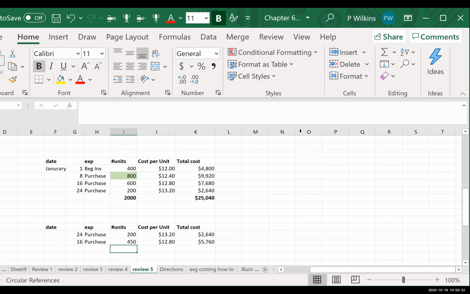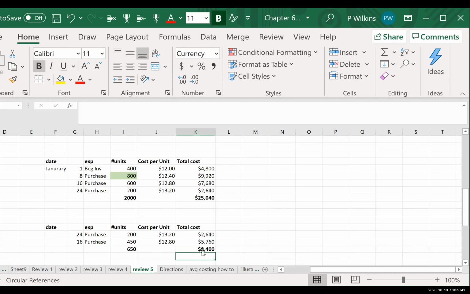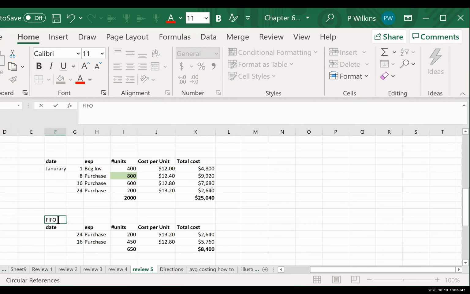Now we have our total number of units, 650, and the total cost of those units in ending inventory is $8,400. Okay, so that is FIFO ending inventory for 650 units.